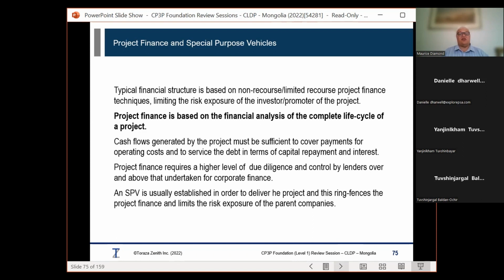And it says project finance is based on the financial analysis of the complete life cycle of a project. So cash flows generated by the project must be sufficient to cover payments for operating costs and to service the debt in terms of capital repayments and interest.